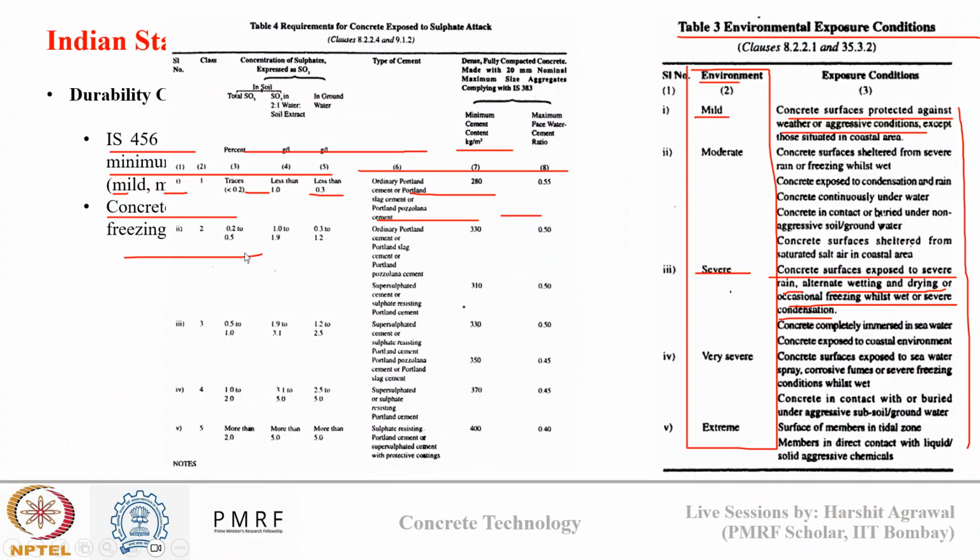So based on the amount of sulfate in soil and groundwater, what type of cement should be used, what is the minimum cement content that needs to be kept, and the maximum water to cement ratio that should be kept is mentioned in this Table 4. Okay, so Table 3 and Table 4 are very important. It is the first step, a very important step for checking whether the concrete that we are preparing will meet the durability demand or not.